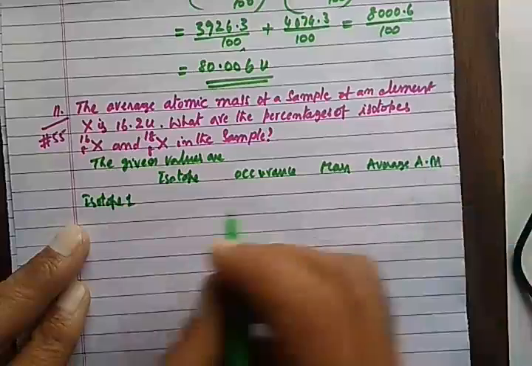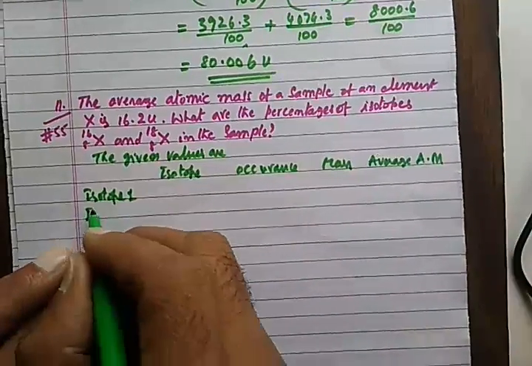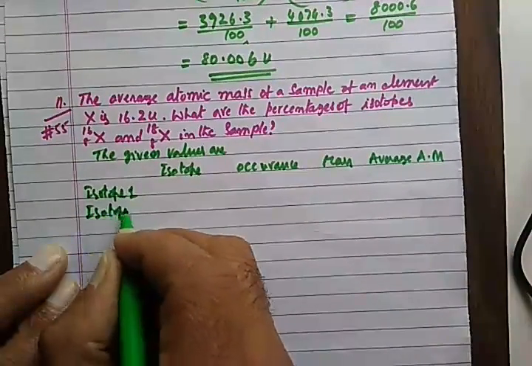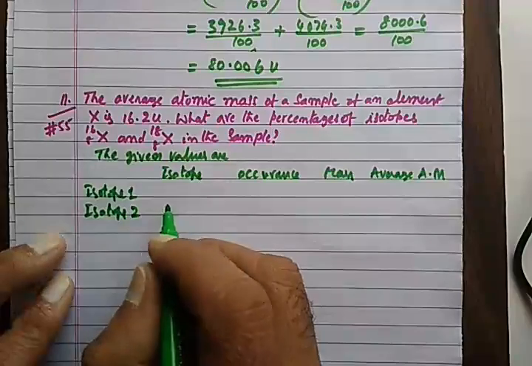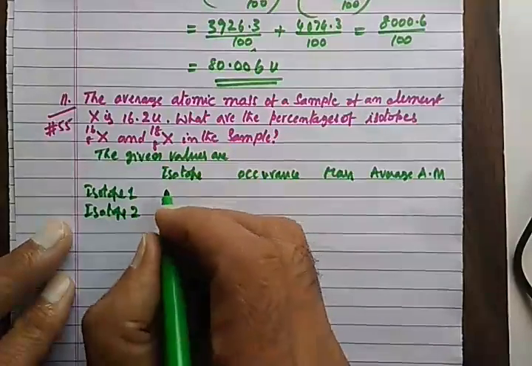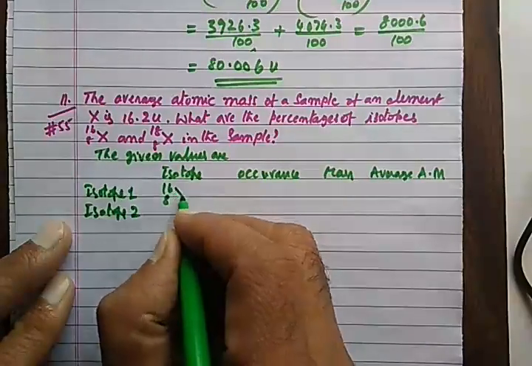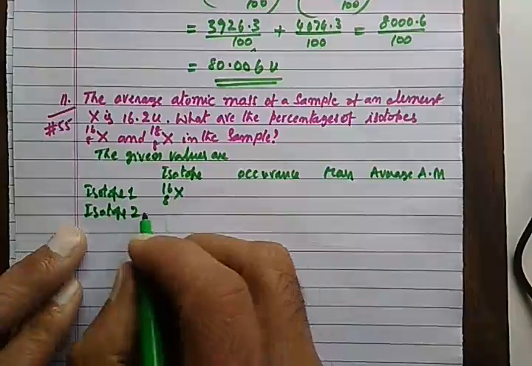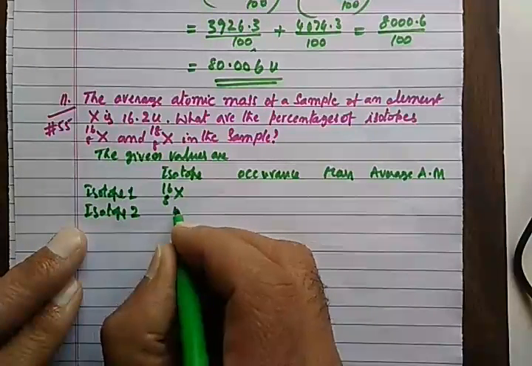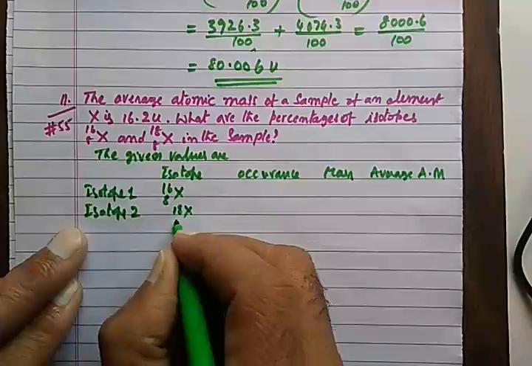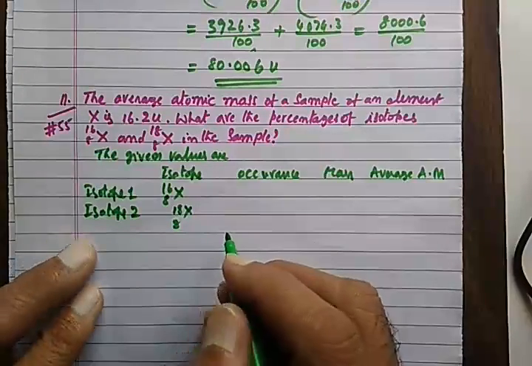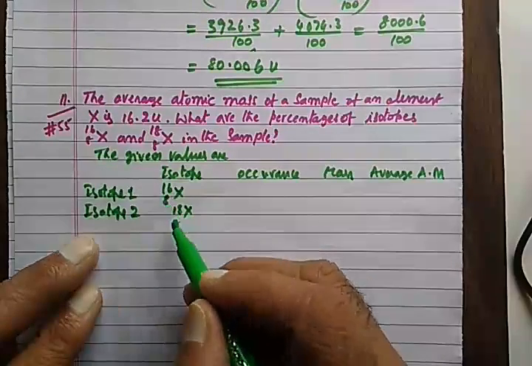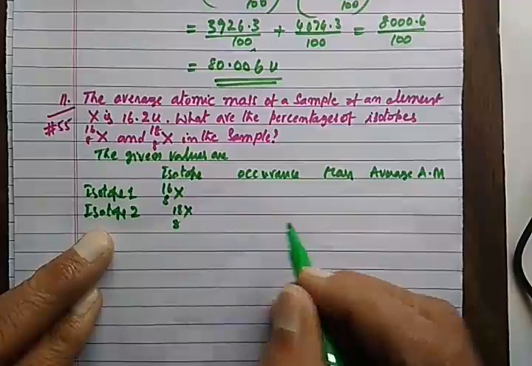Isotope 1 is 16X8, other one is 18X8. So it is an isotope because atomic number is same and masses are different.